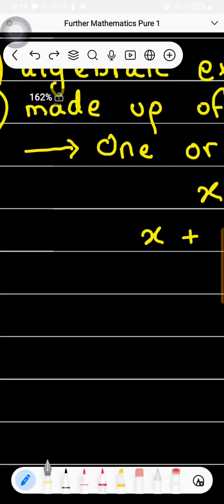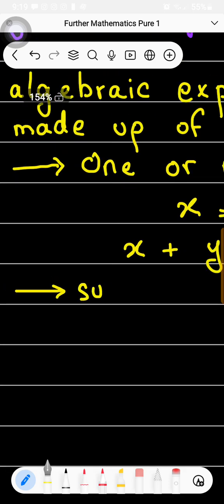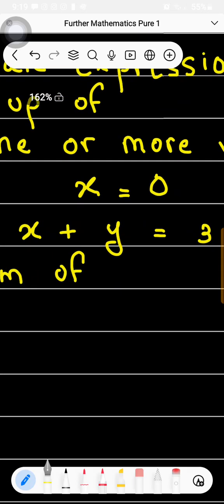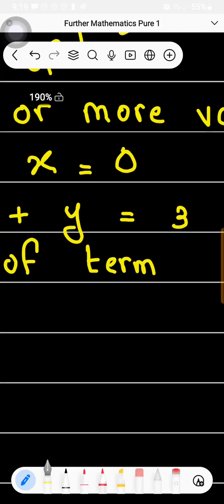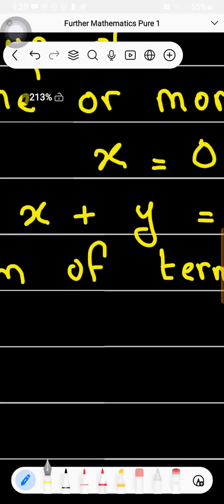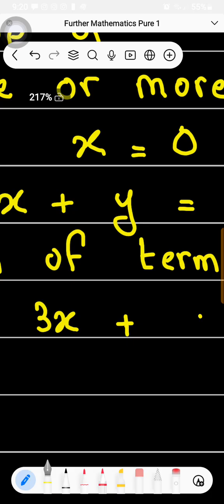Okay, let's move to the second point. It says there should be a sum of terms. Let's get to the examples. For example, 3x plus 5 equal to 0.